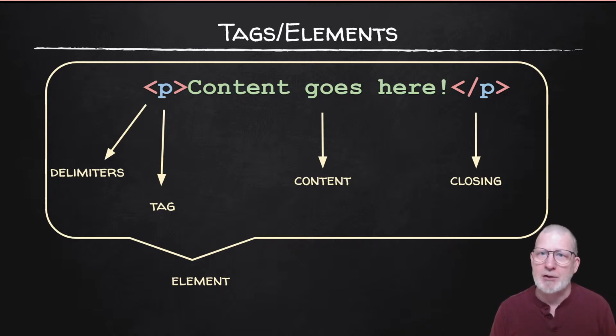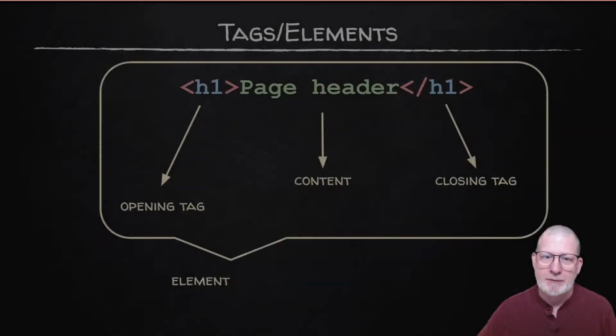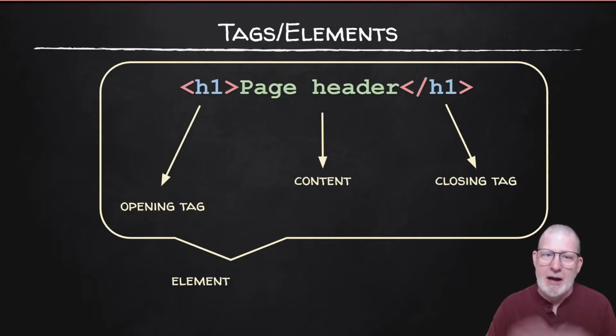So instead of putting an extra space, you put paragraph tags and it puts a line space between every paragraph. Now, when we start talking about an element, that is the entire thing put together: the opening tag, the closing tag, and the content in the middle.